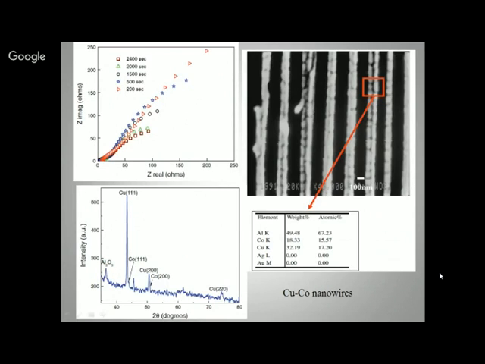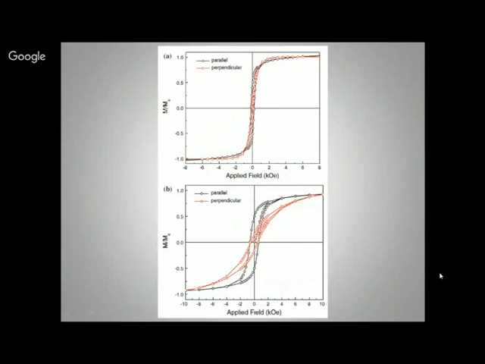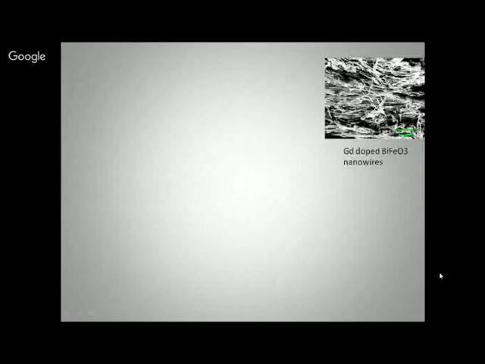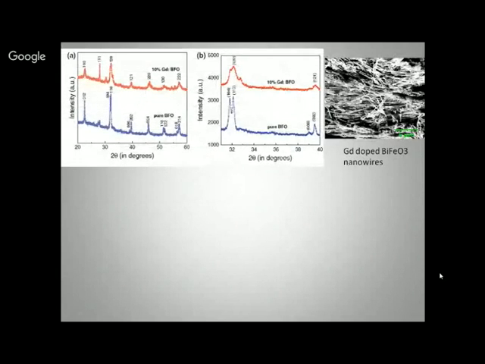So it is showing cobalt is around 15%, copper is 17%, but the aluminium is 62%. So what is aluminium? Aluminium is basically the membrane, the anodic alumina membrane we are using for the deposition of these types of wires. So these are again some of the wires we have grown using this technique.